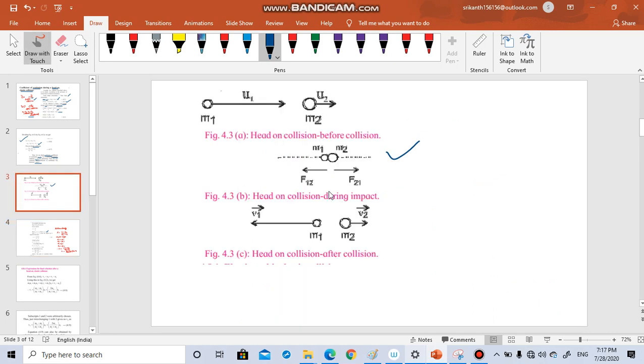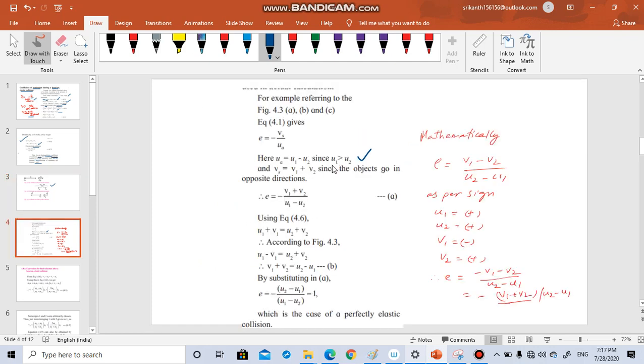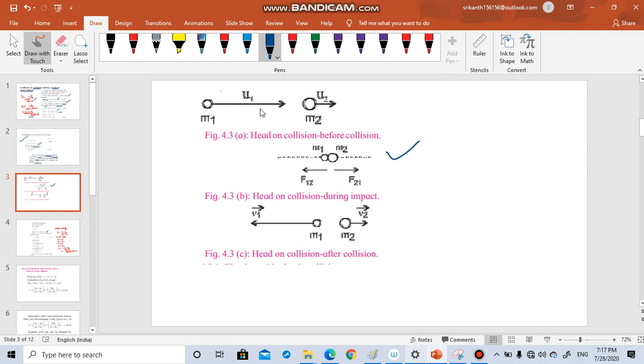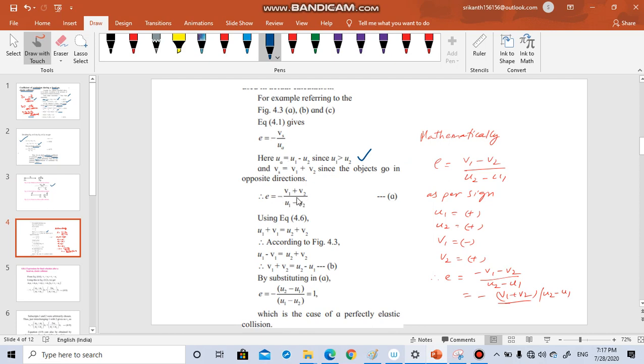What is happening basically, this mass is going in the same direction now, whereas this got reversed. So velocity of approach will be u1 minus u2 because they are in the same direction, and velocity of separation will be addition because they are in opposite directions.